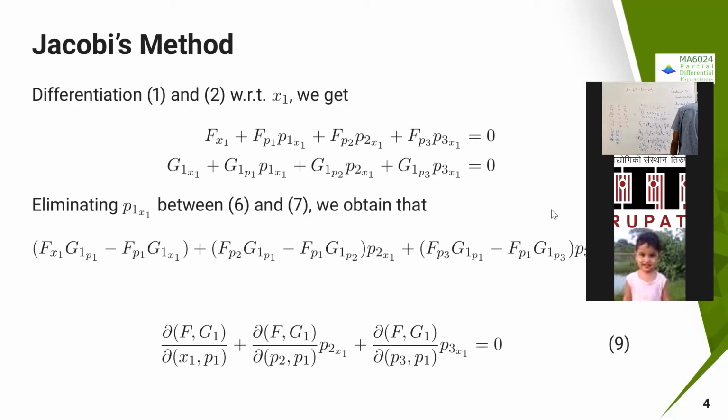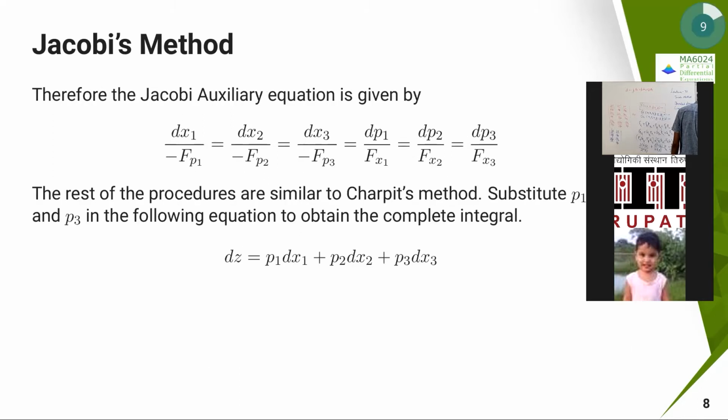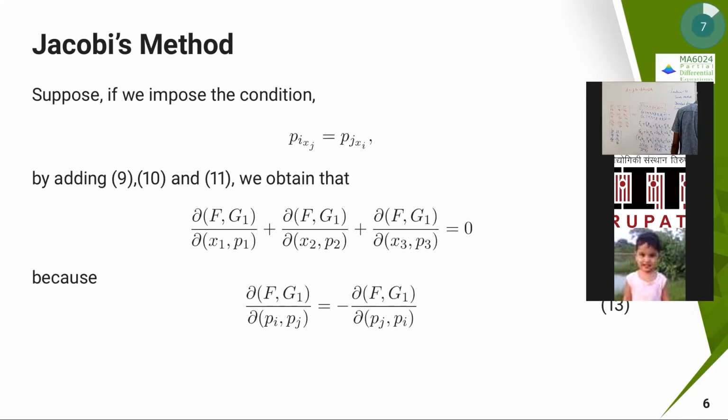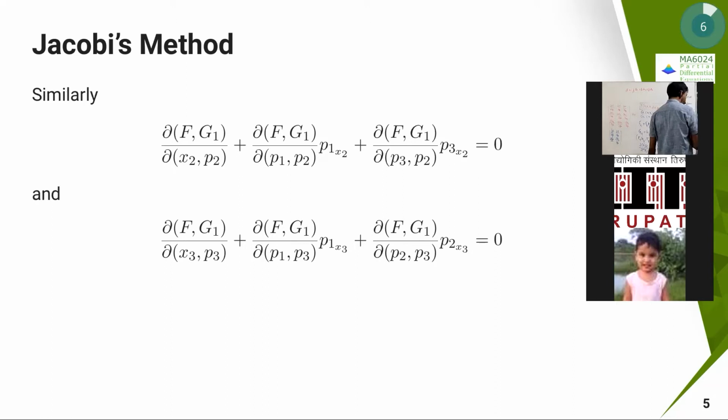Let us solve. The same way, you need to eliminate between these two equations. P2 you have to eliminate. So if I have to eliminate p2, first you have to differentiate with respect to x2.